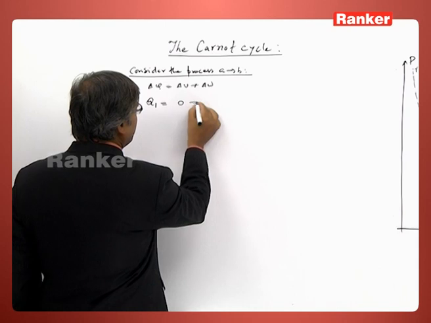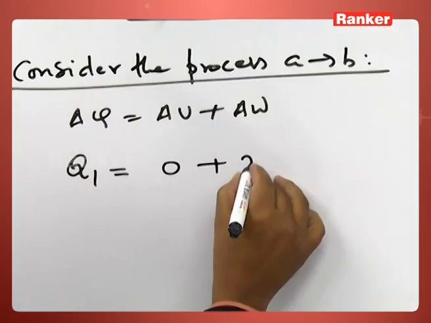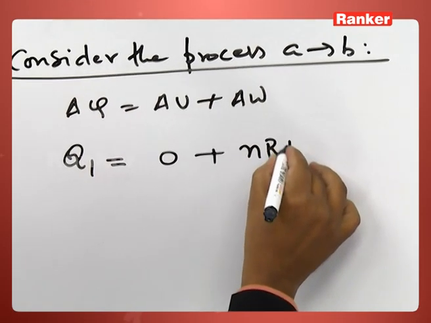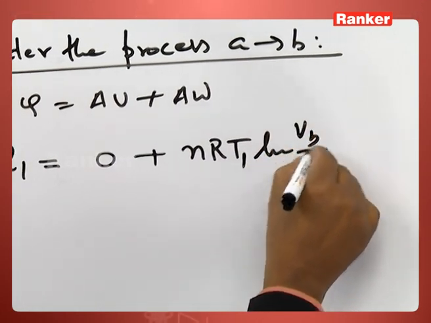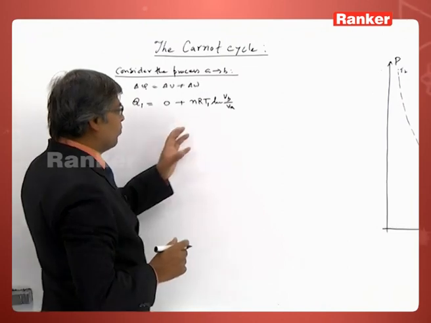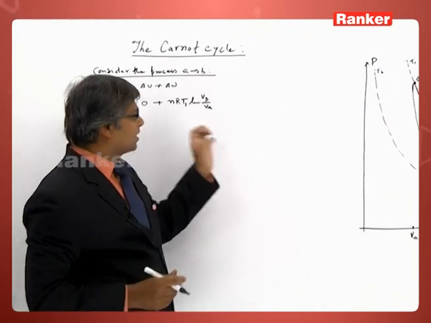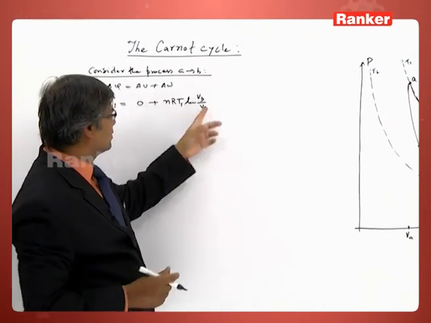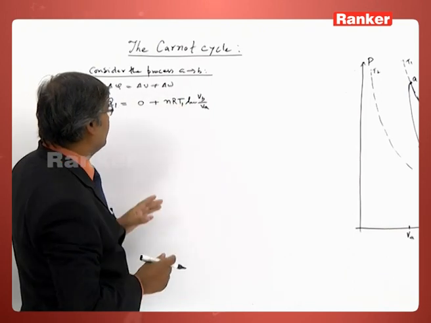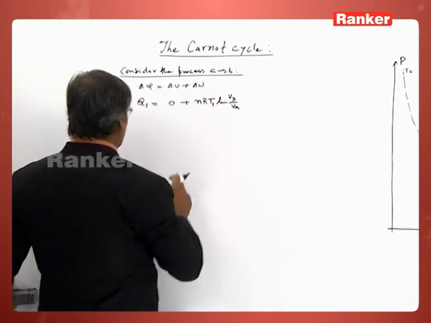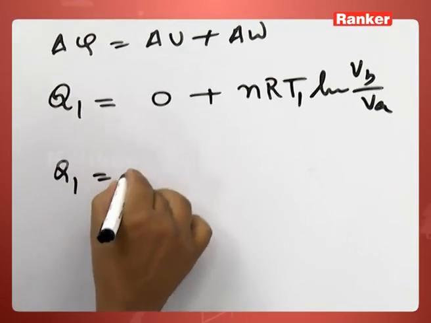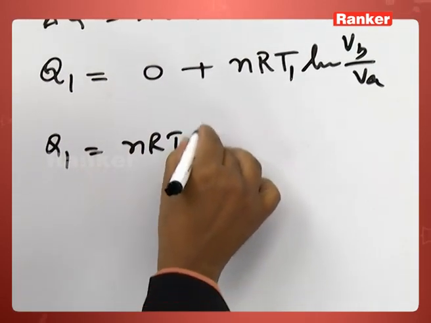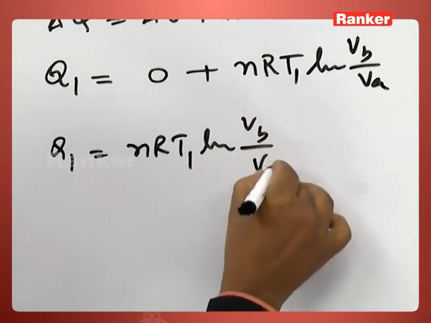Delta U is 0 and the work done is nRT1 ln VB by VA. This is the work done by the gas. The gas is performing work. So delta U is 0, and we have Q1 equal to nRT1 ln VB by VA.